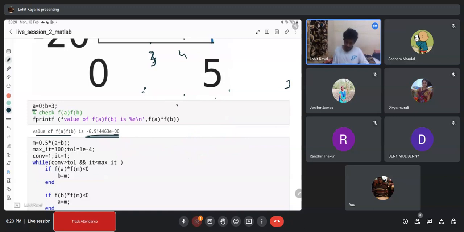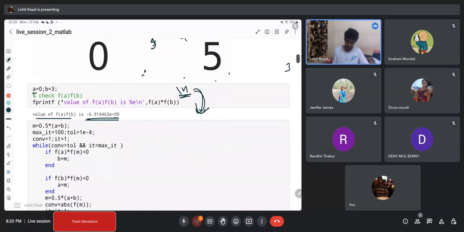And here this slash n means the next thing will appear on a new line when you print it. If you don't put this slash n, suppose you want to write two things on two different lines, like this: apple and then orange.